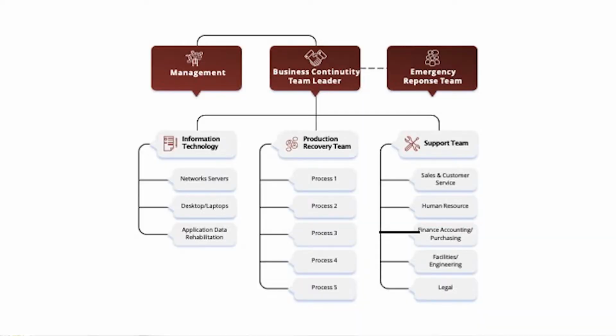With the composition of the BCP team formulated together with their duties and responsibilities, a visual chart of the BCP team can be inserted into the business continuity plan. In the chart shown here, the team leader shares information with the management and coordinates with the emergency response team.